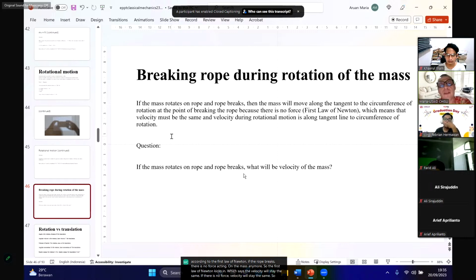Therefore, the mass will fly along the tangent line, not away from the center of rotation, but following the tangent line to the circumference, the tangent line to the circle. I hope you can understand that. Any questions?